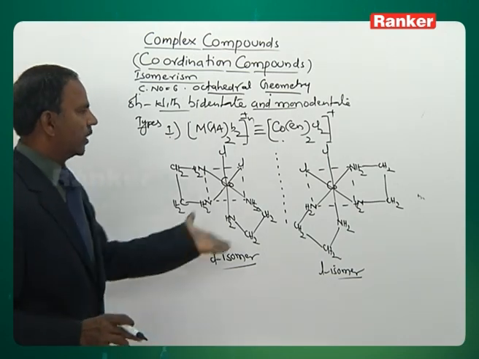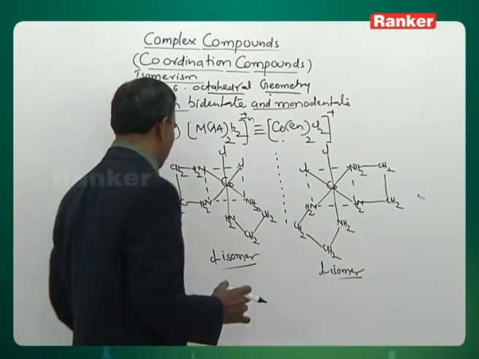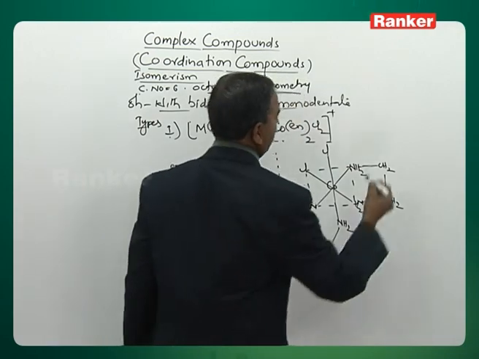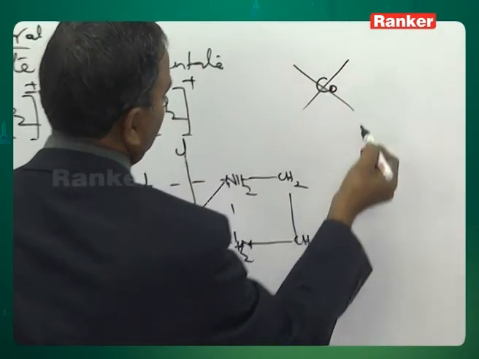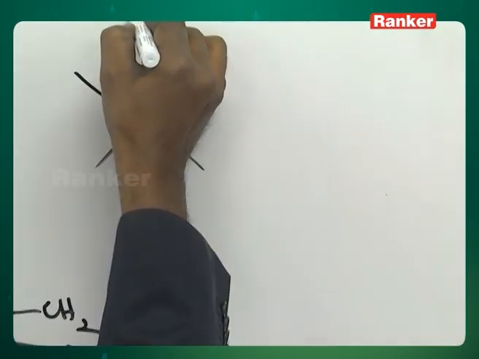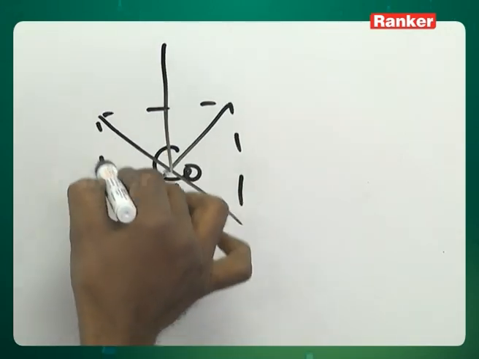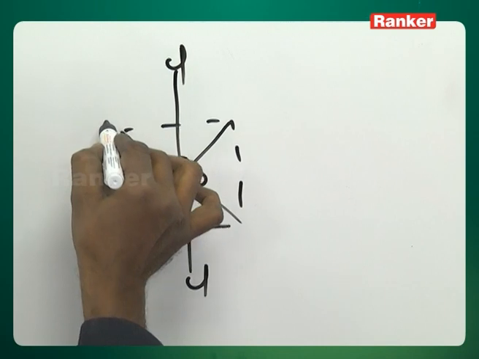Let us write a trans structure and let us see how it is optically inactive. See, I am writing a trans for this. Cl I am keeping in a trans position.